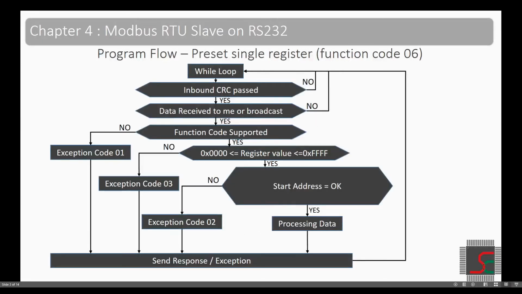Now, from this slide onwards, I will show you the flow diagram only for all the write operations. As I said earlier, I have configured and tested all the Modbus write function codes, so I won't go deep into their operations and the C coding. I will request you to start debugging the code which I provided.